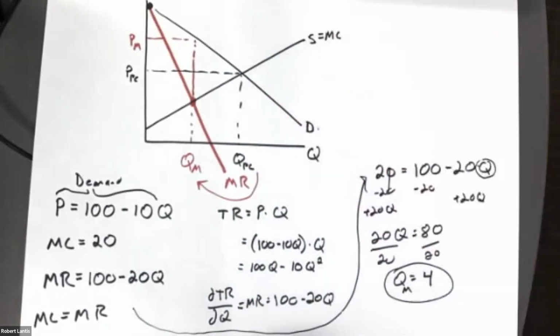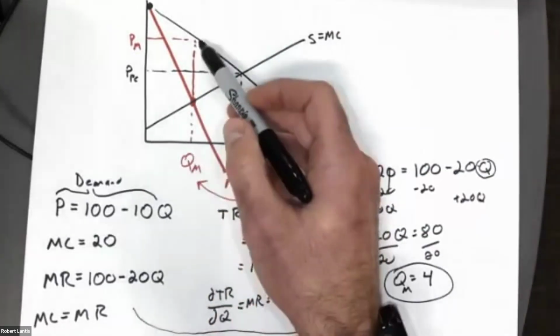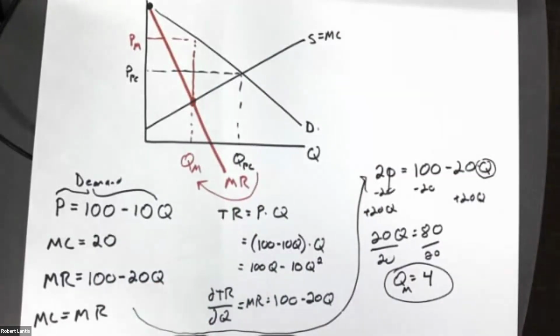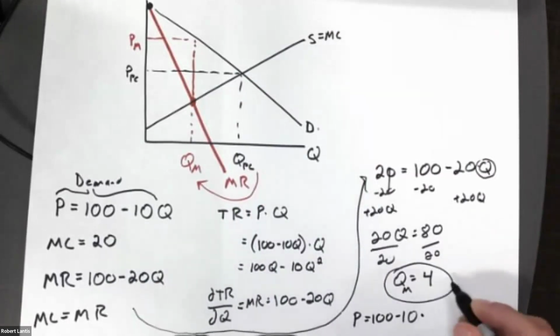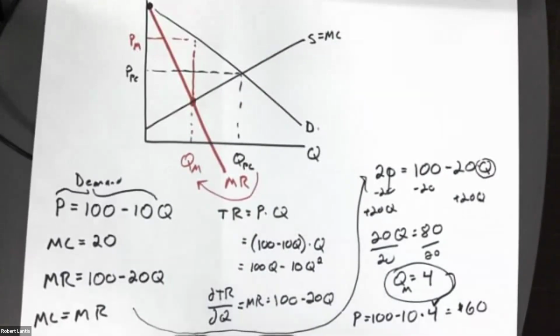What point am I at on that demand curve, that willingness to pay of the consumer? So all I'm going to do is plug that quantity into my original demand equation. For quantity, I'm just going to plug in that value of 4. So the price the monopolist sets here would be 60.